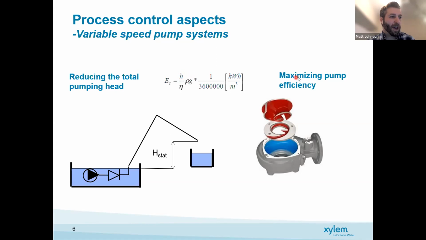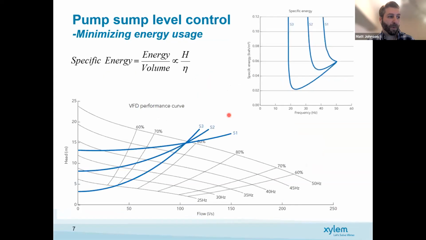So you want to reduce the head, or you can increase the efficiency. Efficiency is on the bottom of that equation. So if you increase that efficiency, you are decreasing your specific energy.